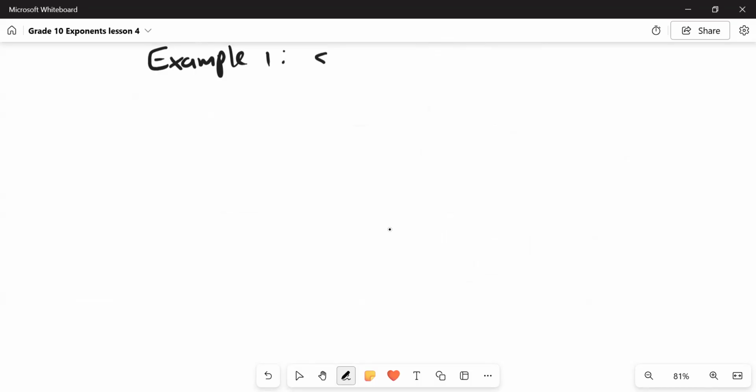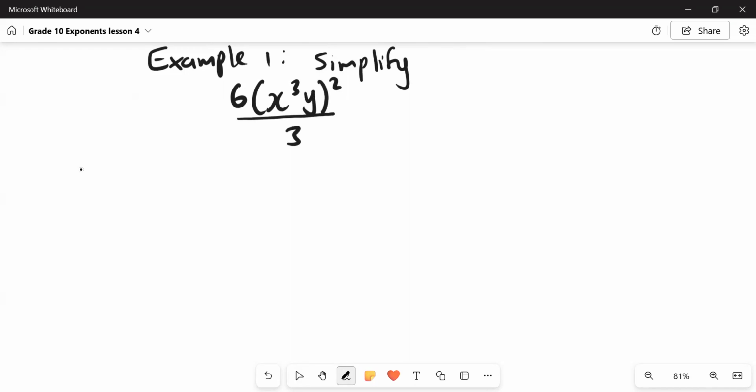We have to simplify, and we are given 6 x cubed y squared over 3.